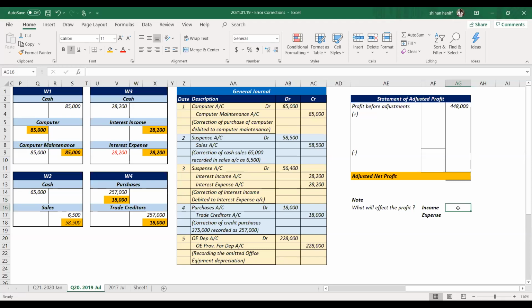So income or expense, if it is credit, the profit will increase, and if it is debit, the profit will decrease.